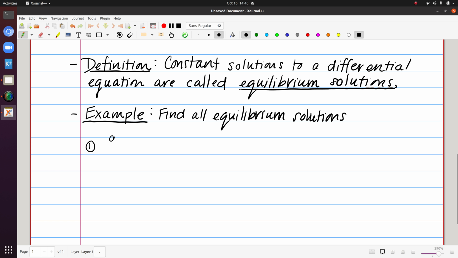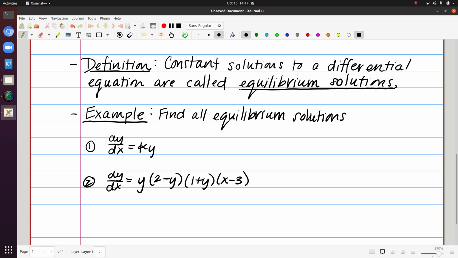So the first one I have is dy/dx equals k times y, the second one is dy/dx equals y times (2 minus y) times (1 plus y) times (x minus 3). And then we'll look at dy/dx equals y squared plus 1.